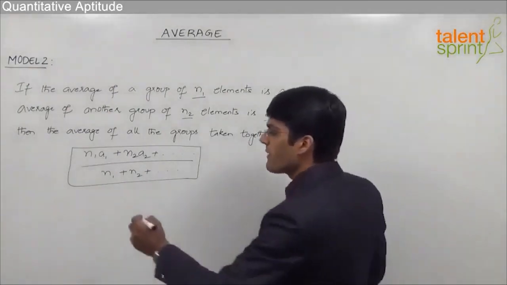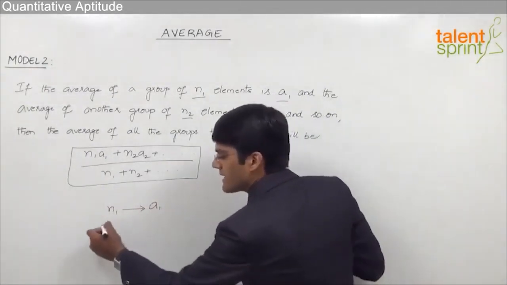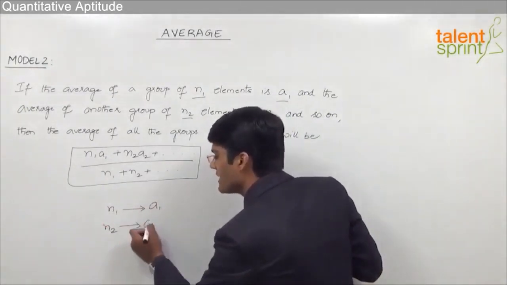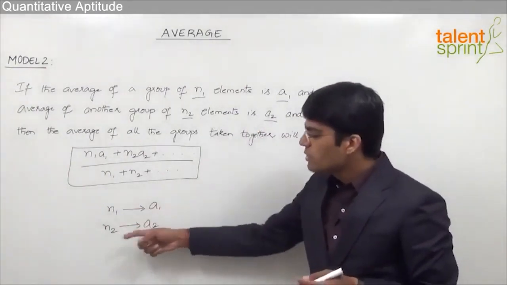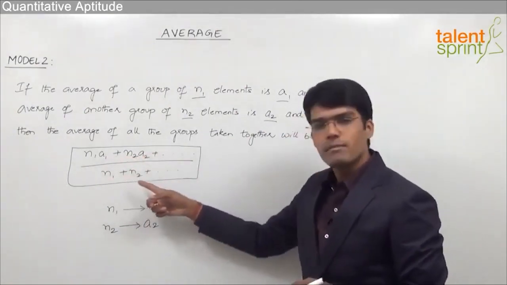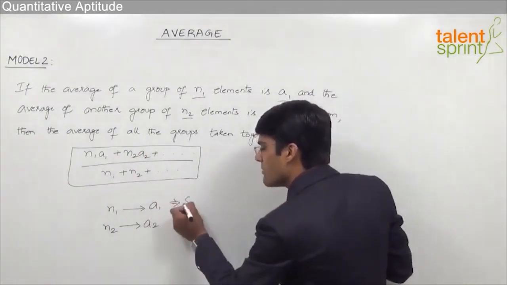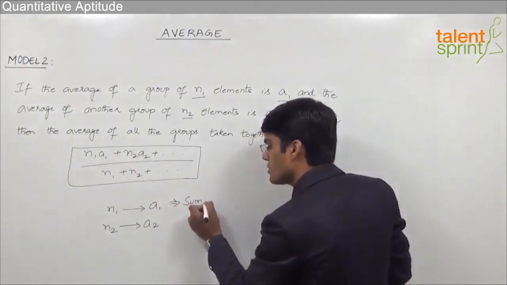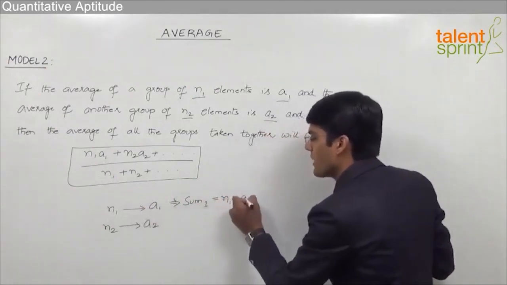Let's say there is a group of n1 persons where the average age is a1 and there is another group of n2 persons where the average age is a2. So the combined average for both the groups together can be taken as n1a1 plus n2a2 divided by n1 plus n2. This happens because we know that sum of all the elements in the first group should be equal to number of elements into the average. So n1 into a1.